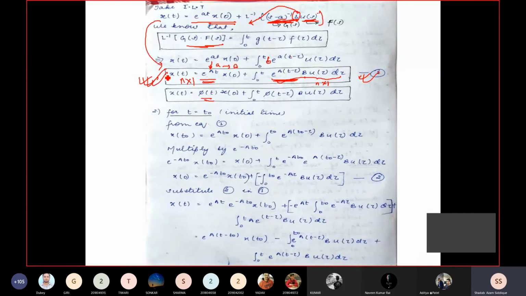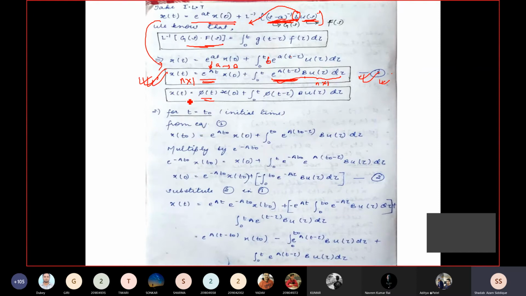Okay, now if the initial time is given as t is equal to t naught, then what will happen? We'll take equation 1 and use it.